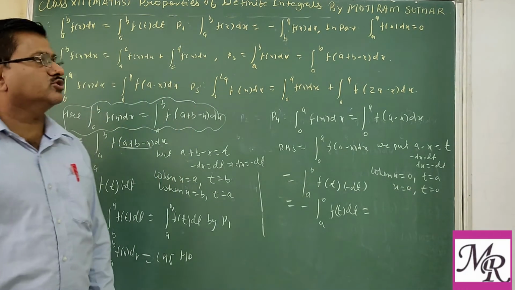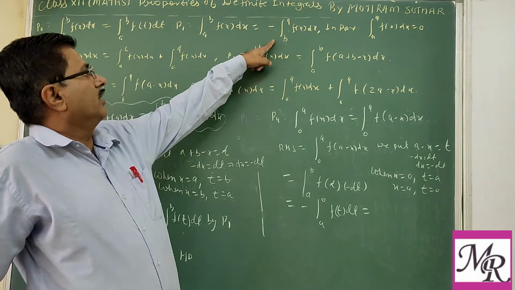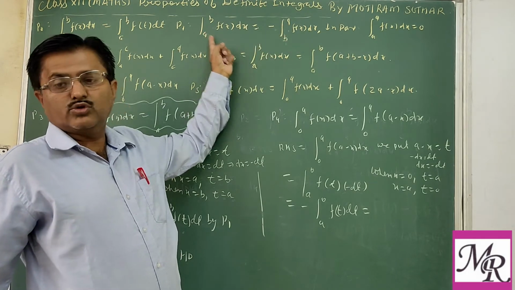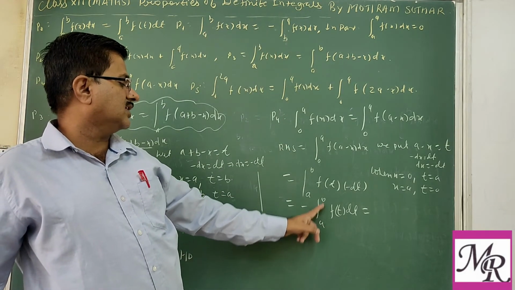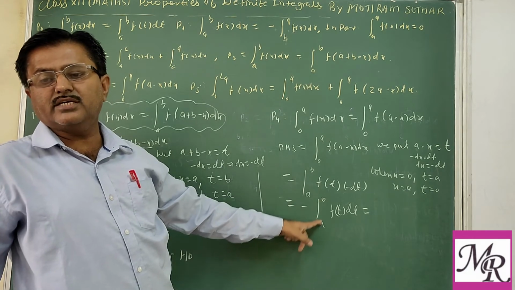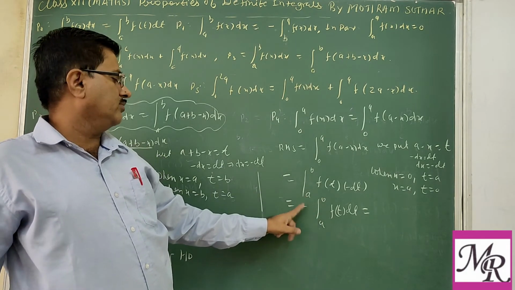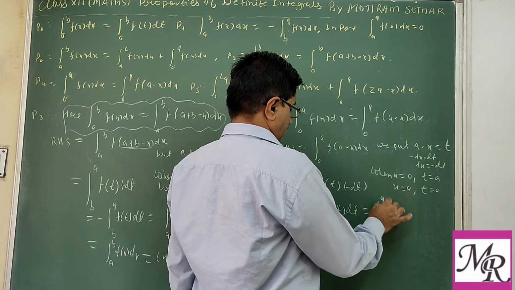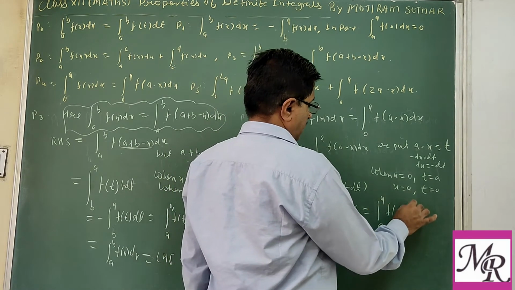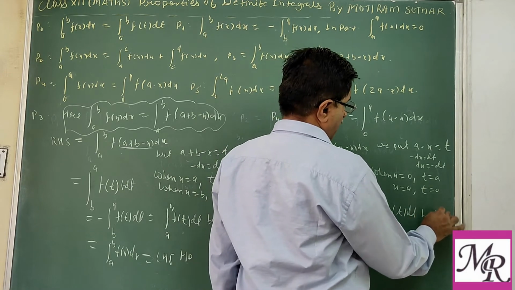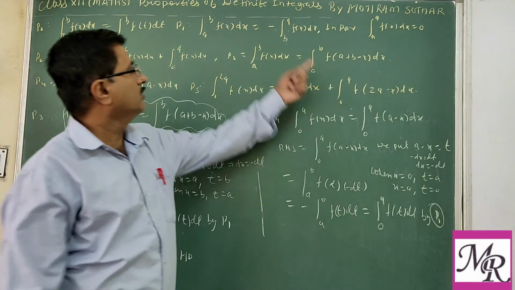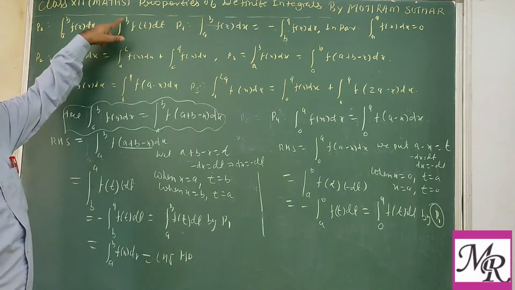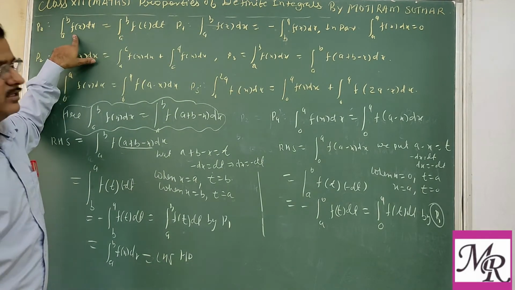Now again you can use P1. Here minus is already there, so we can change the limit. If you interchange the limit, then the sign will also change. So here 0 to a f(t) by using property P1. Now again you can use P0. Integral A to B f(t) dt can be written as this.